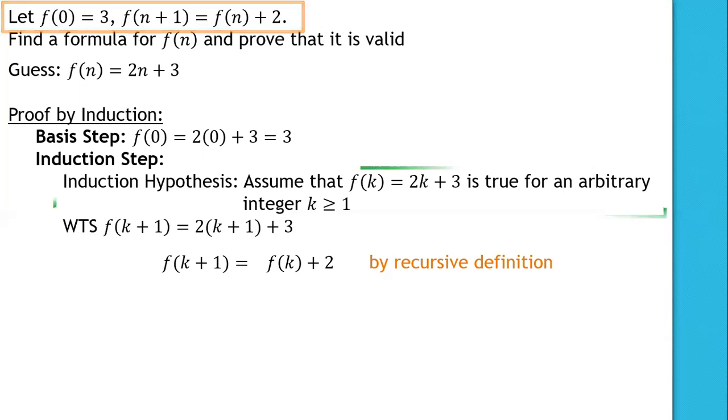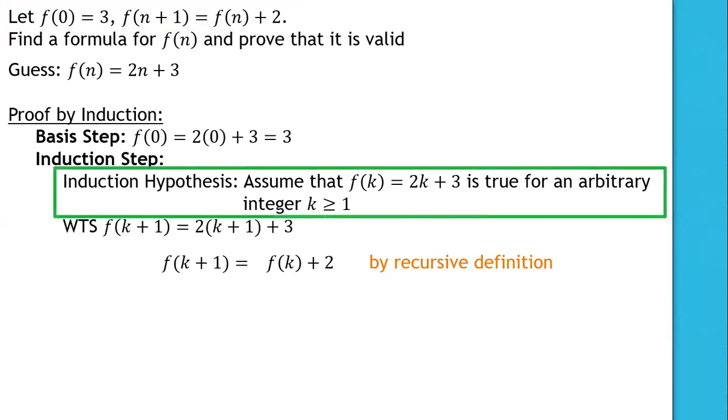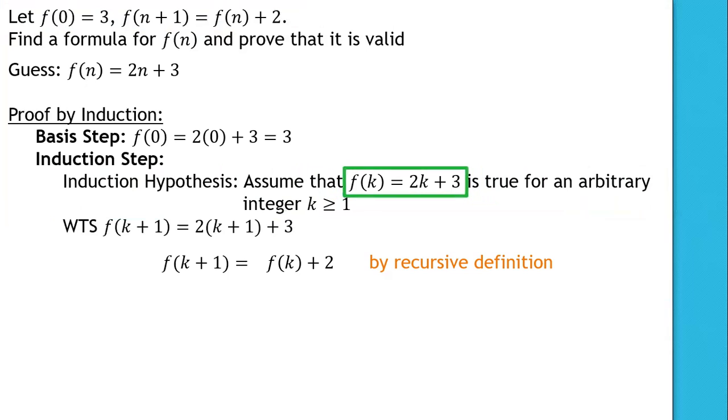Well, now I can use my inductive hypothesis. That is, I've assumed something about what the formula would tell me for f of k. That is, it tells me that f of k would be 2k plus 3. So the inductive hypothesis says that I can use the formula f of k equal to 2k plus 3.